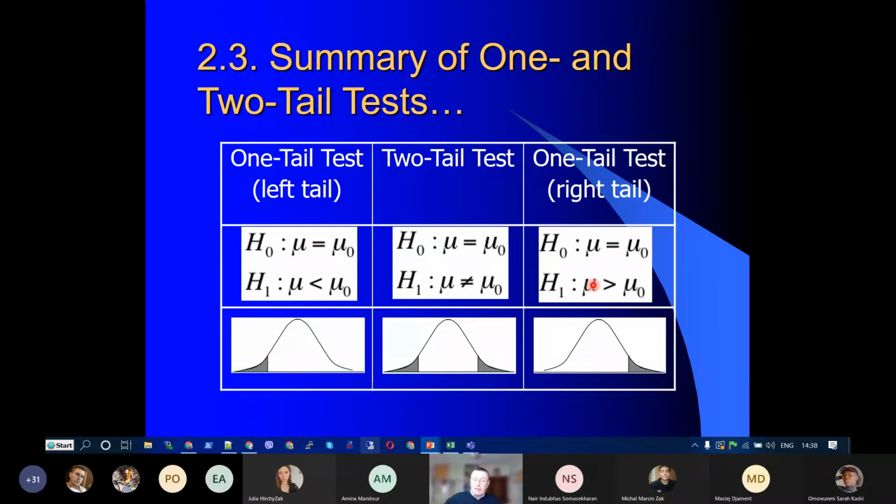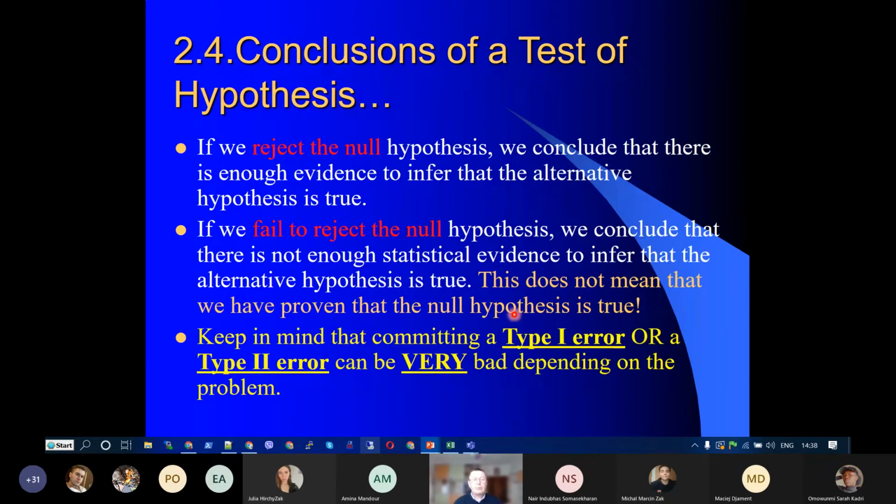In a right-tailed test, it must be greater, and it is just not equal in a two-tailed test. So if we reject the null hypothesis, we conclude that there is enough evidence to infer that the alternative hypothesis is true. If we fail to reject the null hypothesis, we conclude that there is not enough statistical evidence to infer that the alternative hypothesis is true, nor that the null hypothesis is false at all.